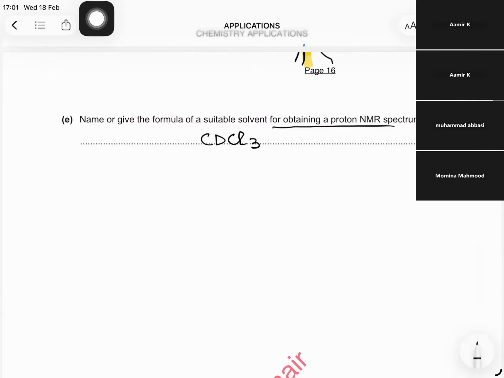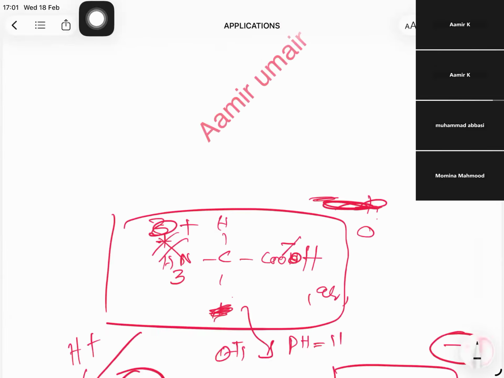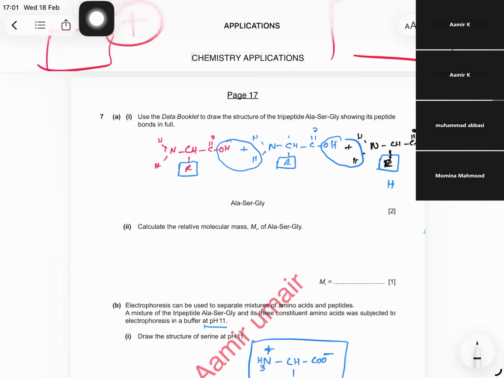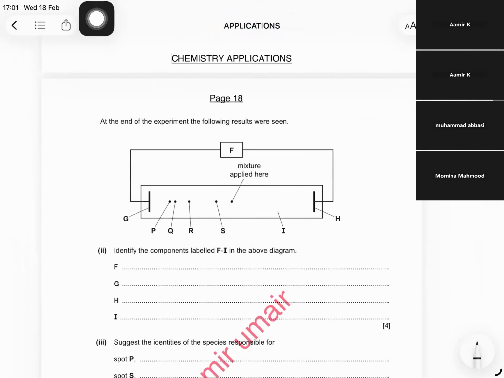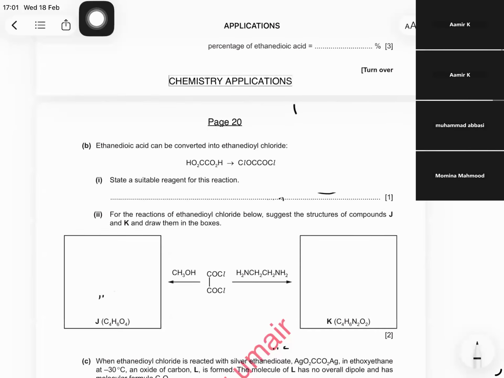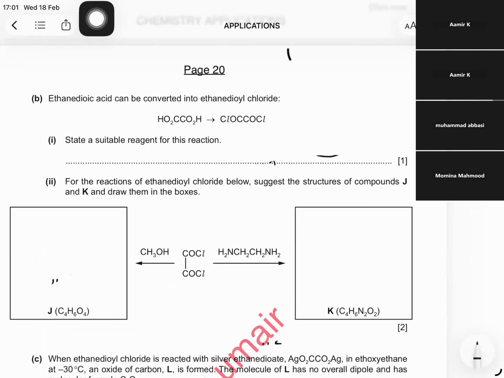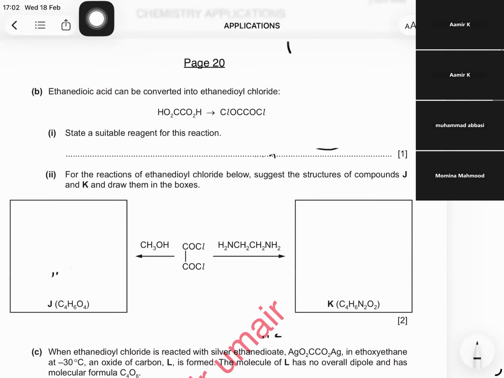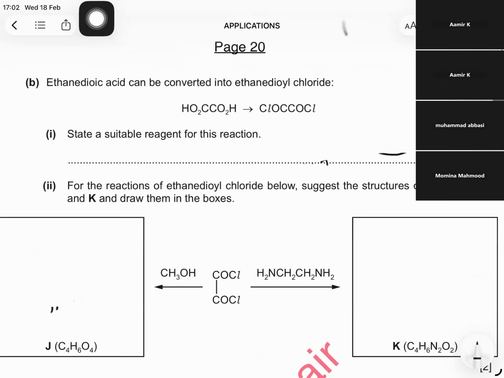Okay, so the next question is: ethanedioic acid can be converted. State a suitable reagent for this reaction. What is the reagent for this reaction?